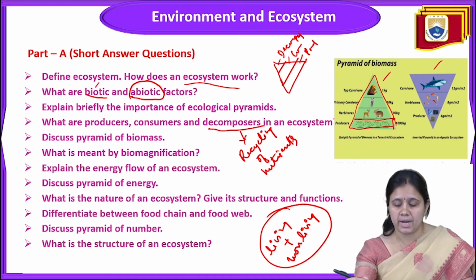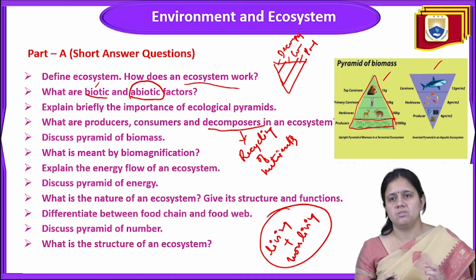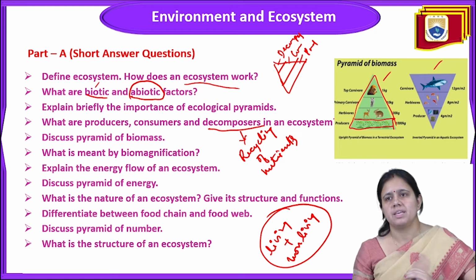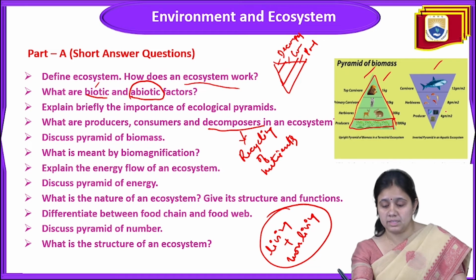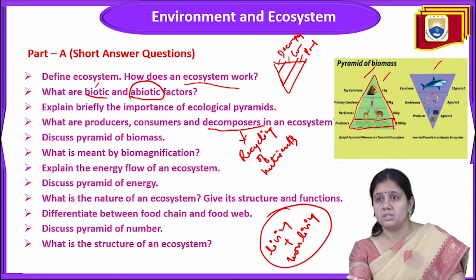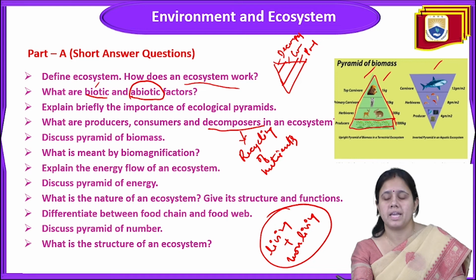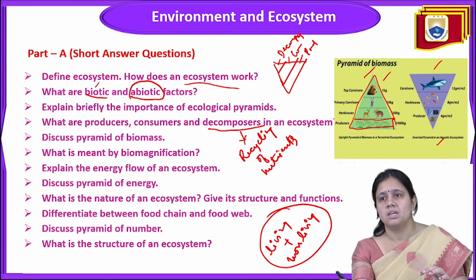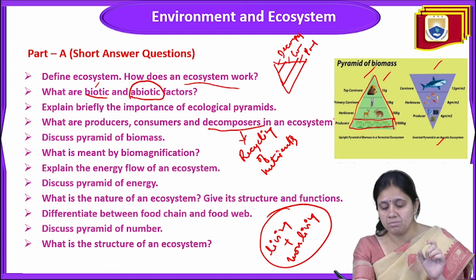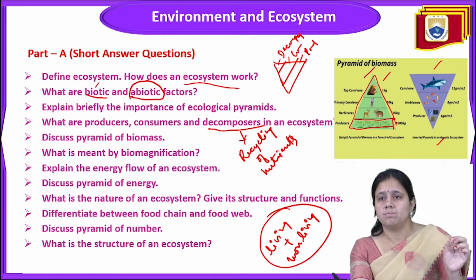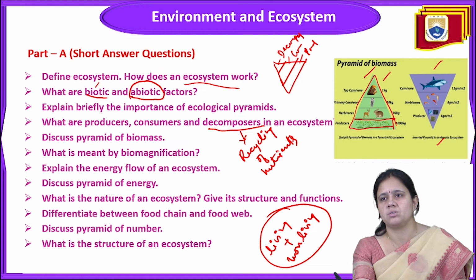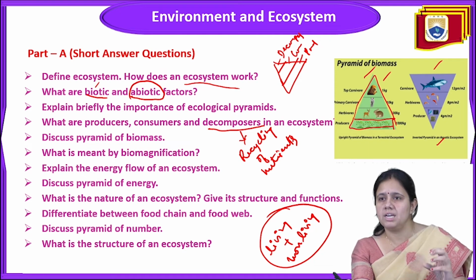On the basis of biomass, on the basis of weight, the individuals in an ecosystem make a pyramid. So this is the pyramid of biomass, and a very important thing is that the pyramid of biomass in an aquatic ecosystem is always inverted in nature, because the producers are organisms that have very little weight. Some algae and little fish are the producers in the aquatic ecosystem, so they have very little biomass.